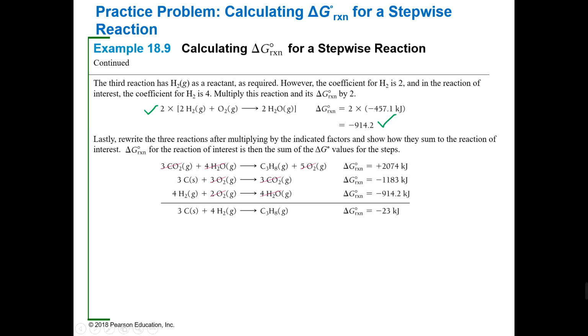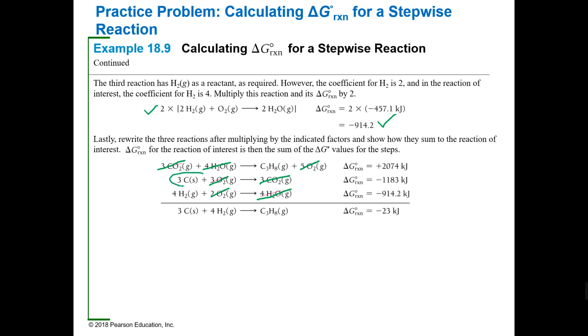And in the end, all the intermediates cancel out. Remember, the intermediates are the ones that are formed in one step, used in another. So this CO2 cancels out with this one, so they go bye-bye. These 4 waters cancel out with these 4 waters. We got 1, 2, 3, 4, 5 O2, 1, 2, 3, 4, 5 O2.